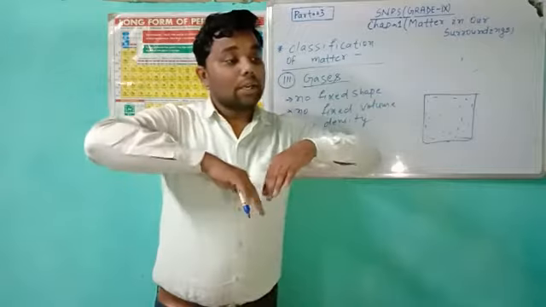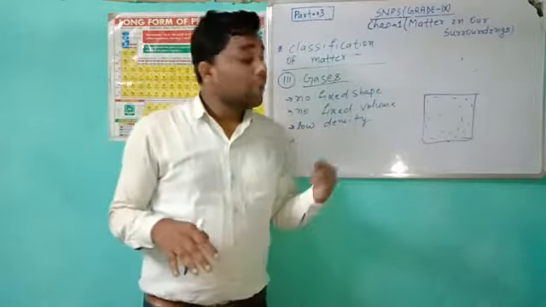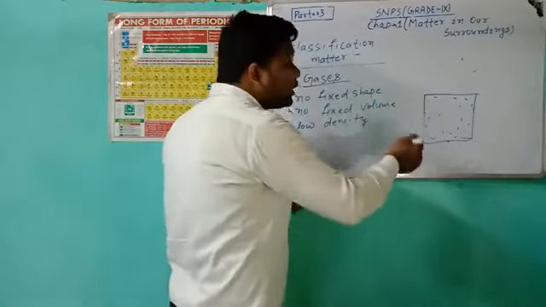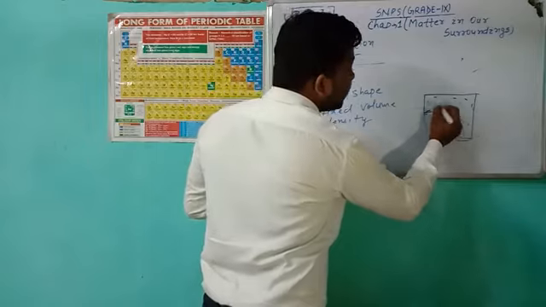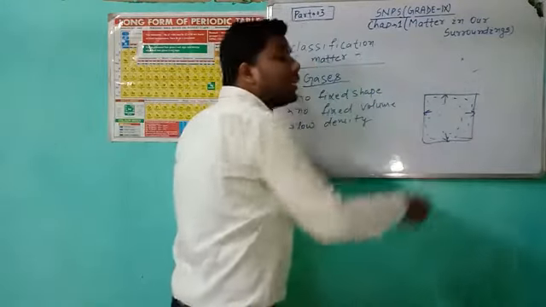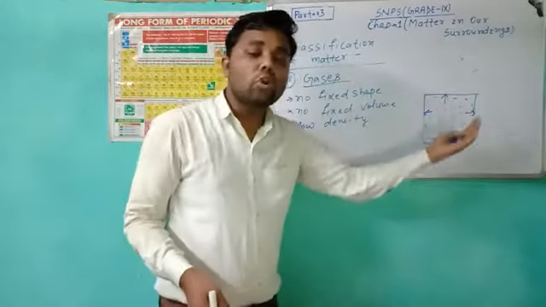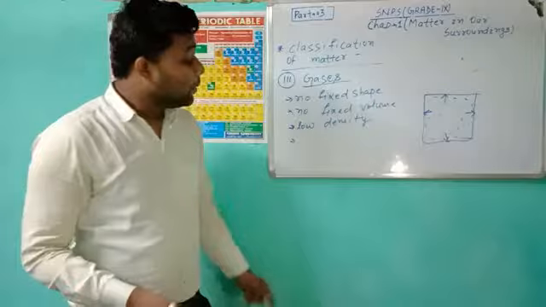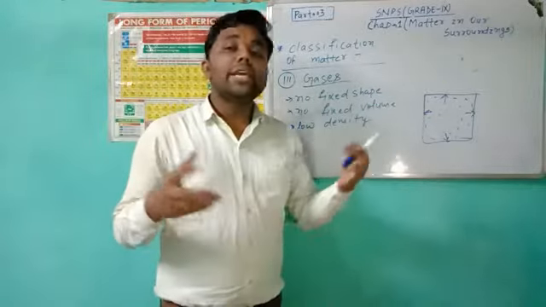So they can move in any direction in the container. They exert forces on the wall of the container, which is also called gaseous pressure. So we can say that gases fill their container completely and they can flow easily.